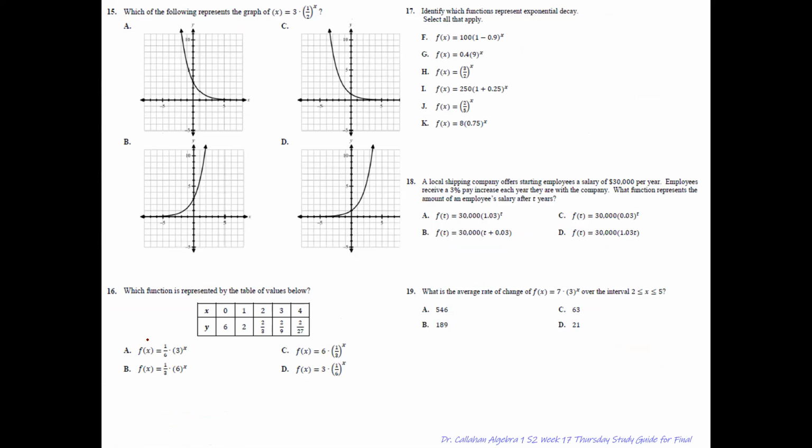Looking at this, your correct answer is going to be C, because in the differences, you have a difference of 6, and then the multiplier is 1/3 from each of the fractions, and then it's to the x power.